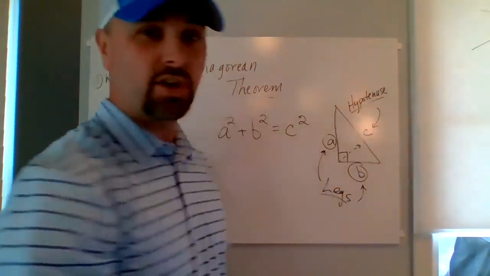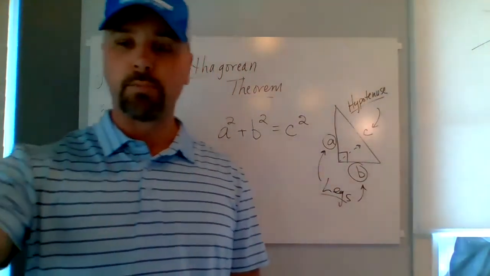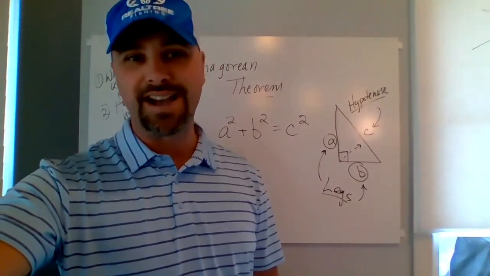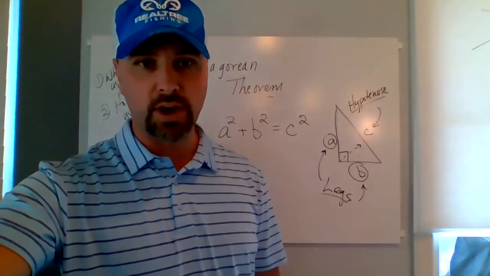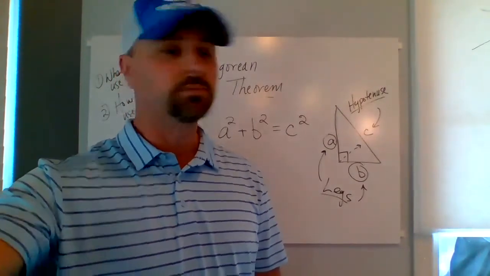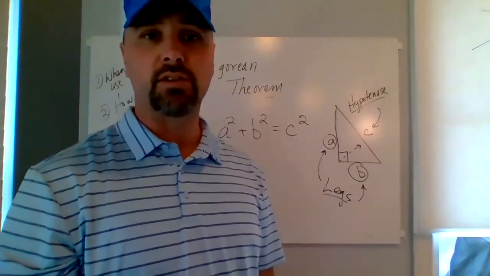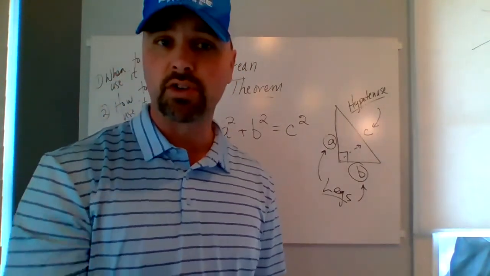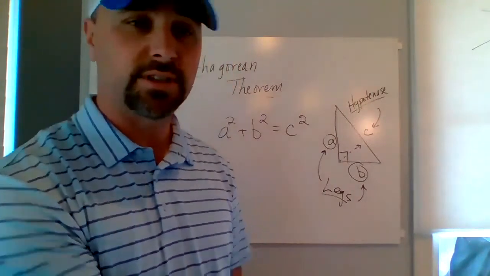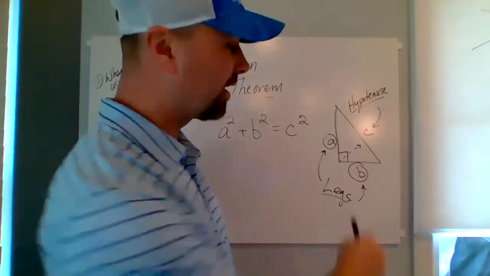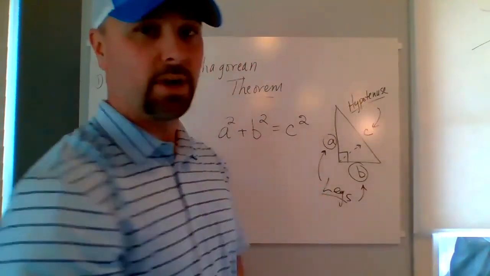Hypotenuse is always the C. What we know about right triangles is that the longest side of every right triangle is the hypotenuse, across from the 90-degree angle. It's a property of triangles: across from the largest angle is the largest side. A 90-degree angle would be the largest angle of a triangle, and across from it is the hypotenuse.